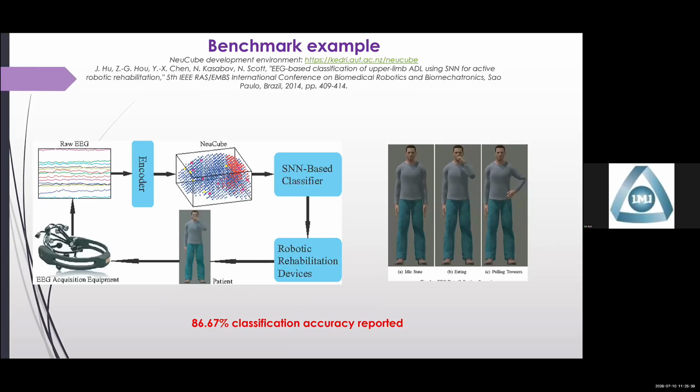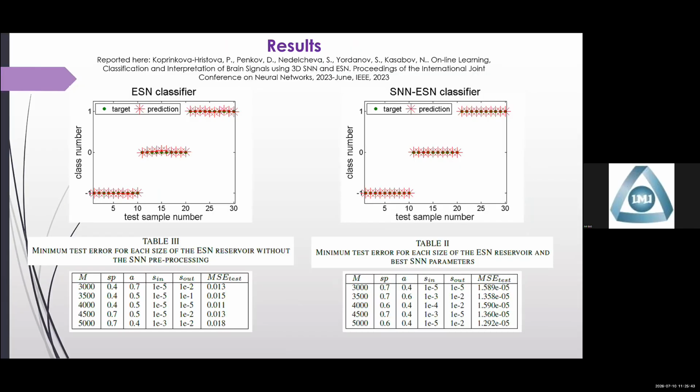And what we did with this classifier, we added an echo state network. If we use only the echo state network classifier, we have quite good results with this precision, with different sizes of reservoirs. However, if we also put the spiking neural network in to extract features, you see how the accuracy improves significantly.